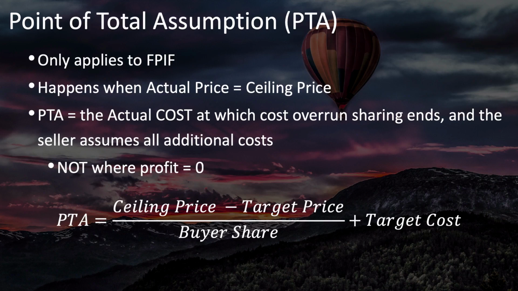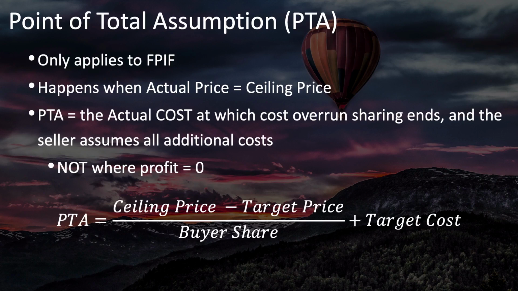It may also help to consider that the point of total assumption is not something that the buyer ever needs to worry about. The buyer is focused on the ceiling price. It's the seller that's interested in knowing at what level of actual costs the seller loses the benefit of sharing cost overruns with the buyer.